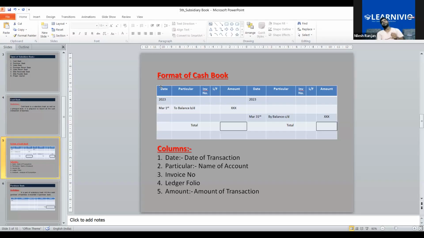Invoice number means if you are doing any transaction, you receive a bill or you give a bill. There will be some serial number written on that bill. That is called invoice number. Have you received any purchase bill from any shop? Yeah, of course.